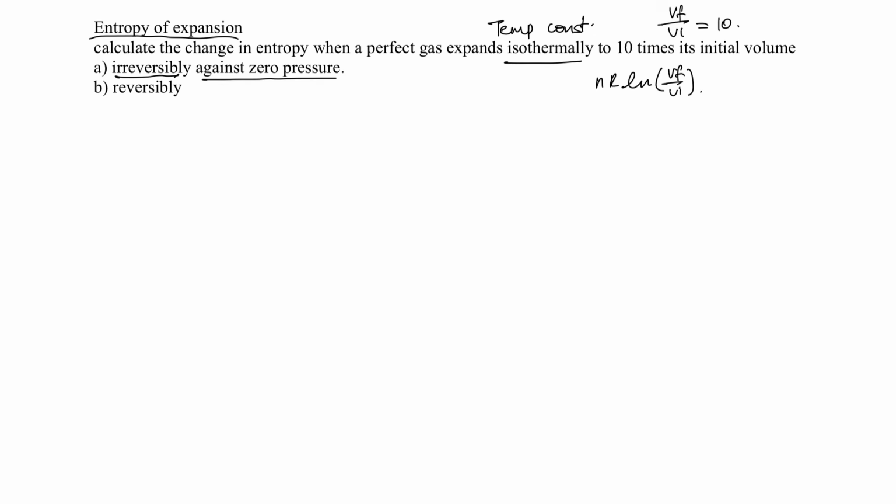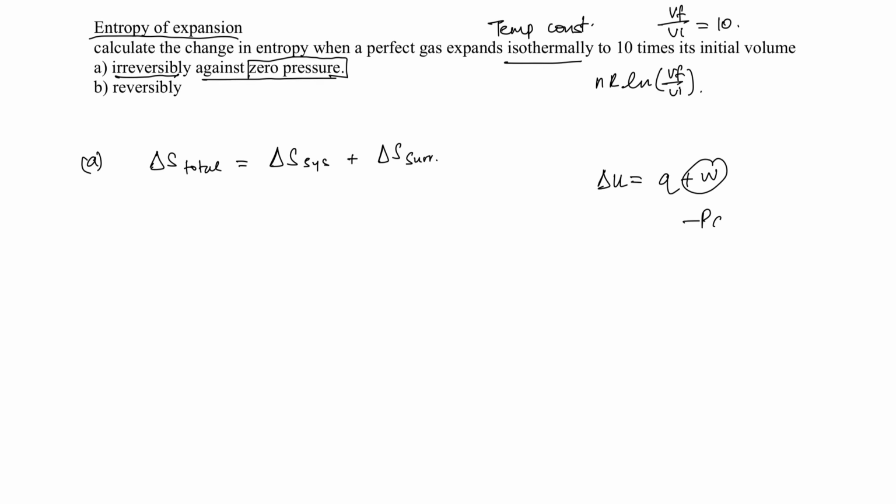Now, for A, we can say that the change in entropy for the total is equal to the change in entropy for the system plus the change in entropy for the surroundings. Now, the zero pressure is important because we know that delta U is equal to Q plus W, and W is minus P dV.